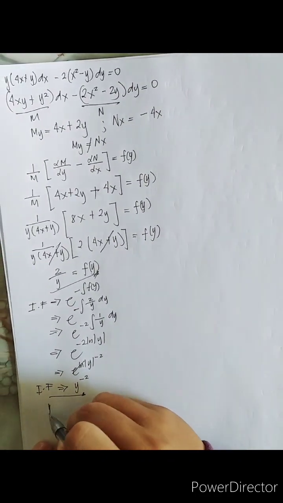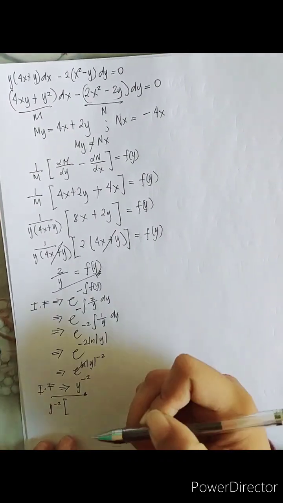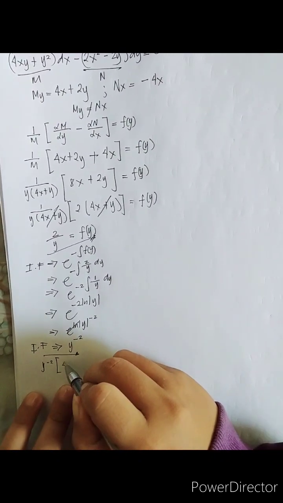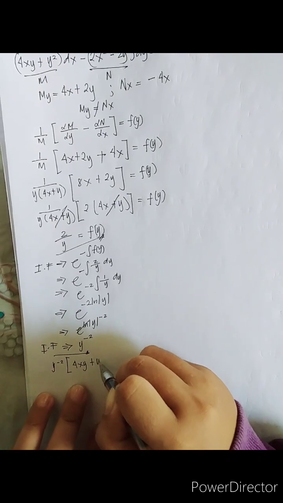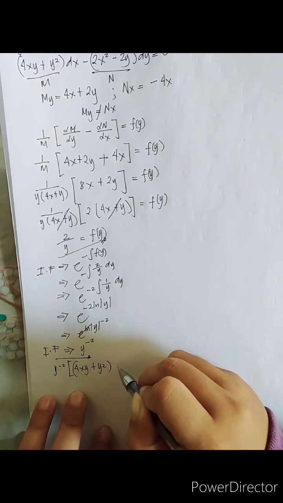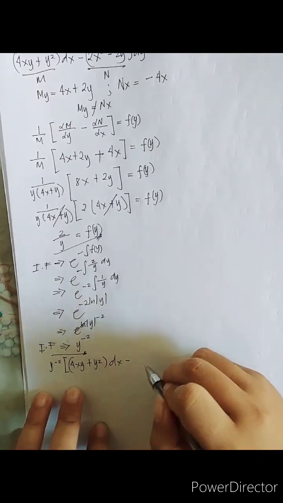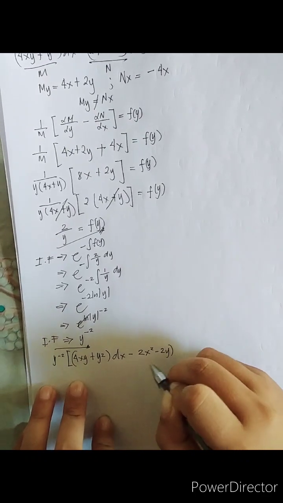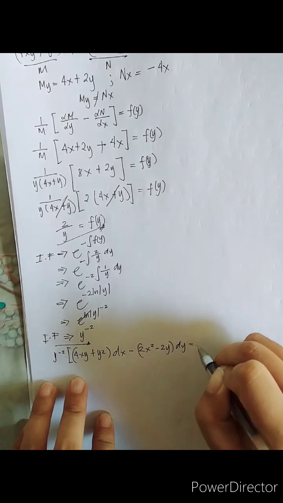Then distribute y raised to negative 2 to our M and N terms, which is (4xy plus y squared) dx minus (2x squared minus 2y) dy equal to 0.